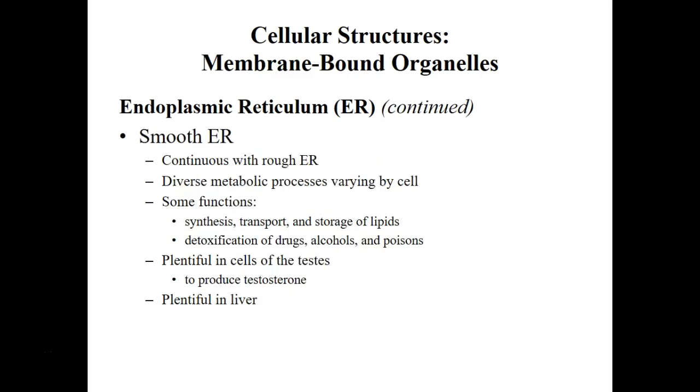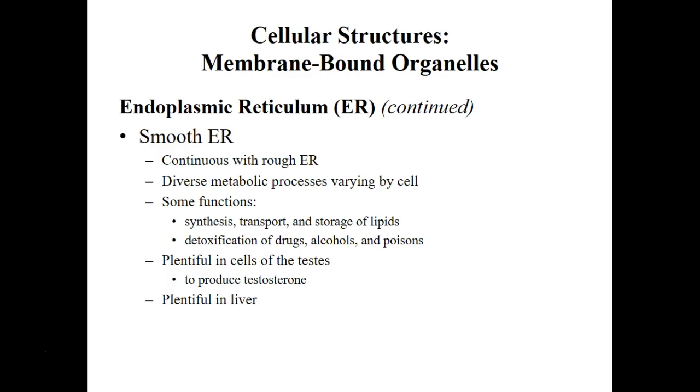The smooth ER does not contain ribosomes, so there's no protein production here. Instead, we're producing molecules like lipids, cholesterol, and estrogens. The smooth ER also functions as a holding site for calcium ions.